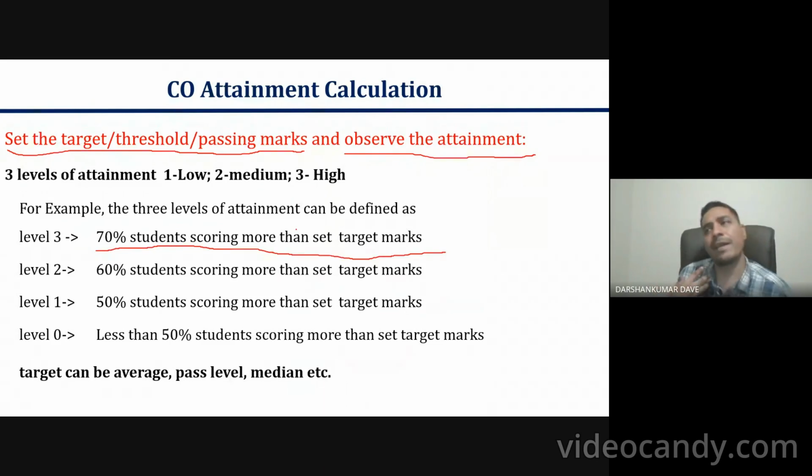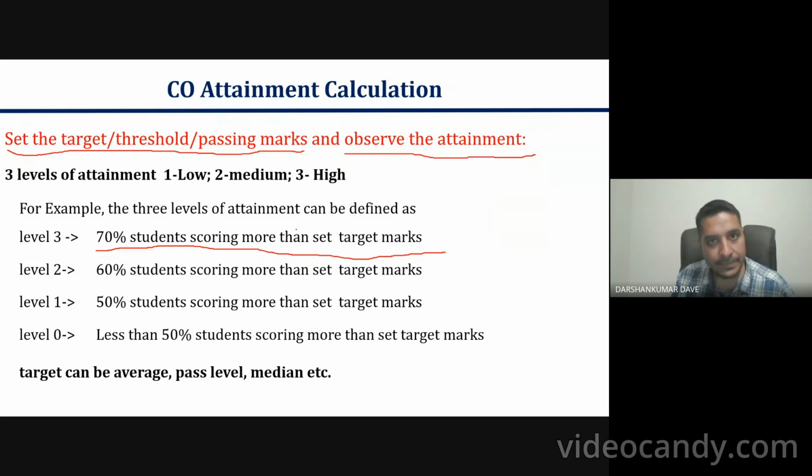Target marks means if I say my student must have 20 marks out of 40 marks, that is my target. If I have 100 students and out of those 100, 70 or more have obtained 20 marks or more out of 40, then I will say I have attained my CO up to level 3.